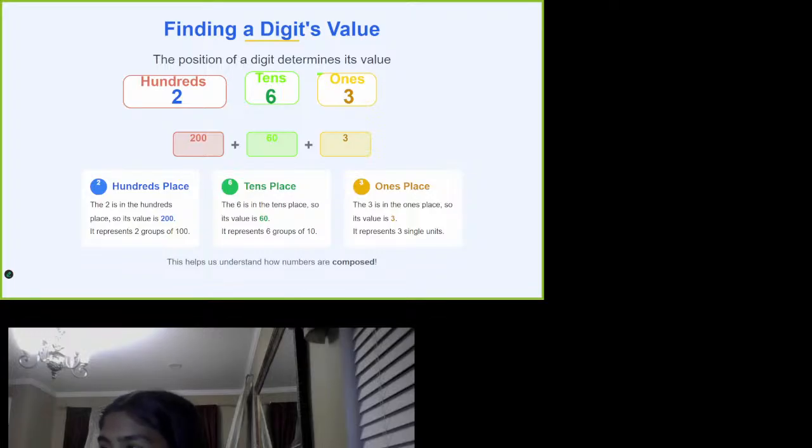And the 3 is in the ones place, which equals the digit 3, or the number 3, which equals 3 single units. So you can look at this as two 100 flats, 6 ten rods, and 3 one blocks. This helps us understand how numbers are composed.